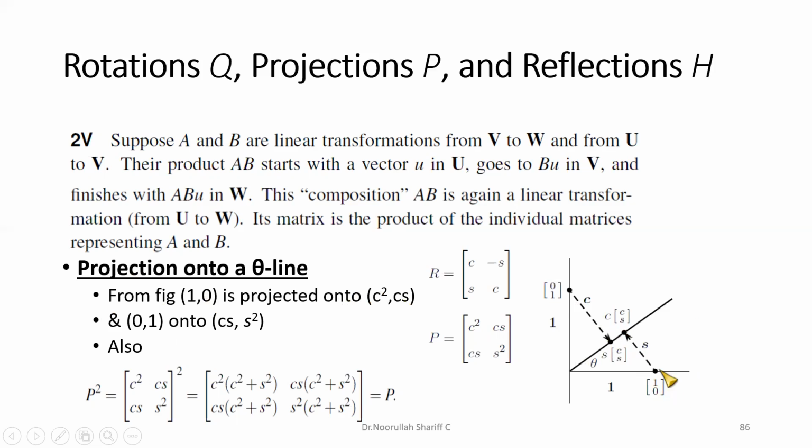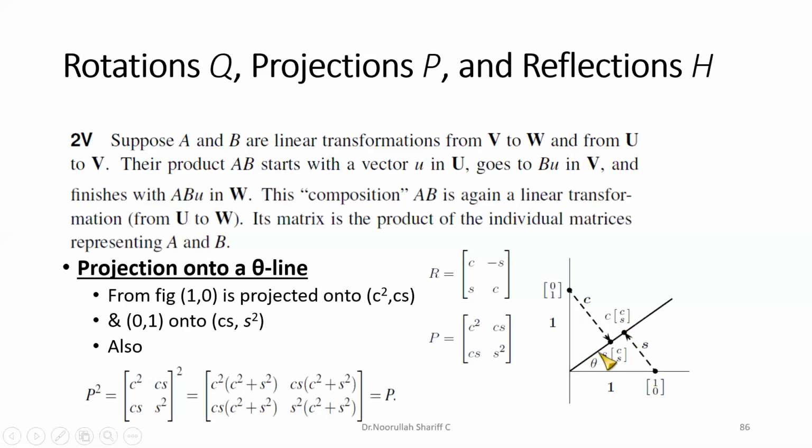So remember that the length of this in the x direction is 1, and the length of this in the y direction is 0 for this. That's why we call this the 1, 0 vector. Whereas when we project this over here, naturally this is the base corresponding to this hypotenuse, and the length of this will become cos theta.